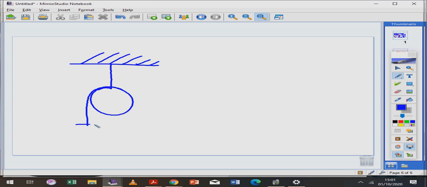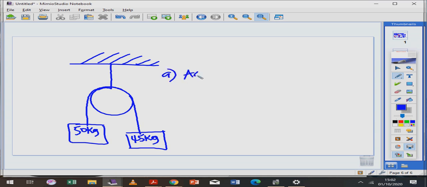You have a rope that goes over a pulley. On this side there's lifting material that is 50 kgs, and on this side the counterweight is let's say 45 kgs. You're supposed to find A, acceleration of the system, and B, tension in the rope.